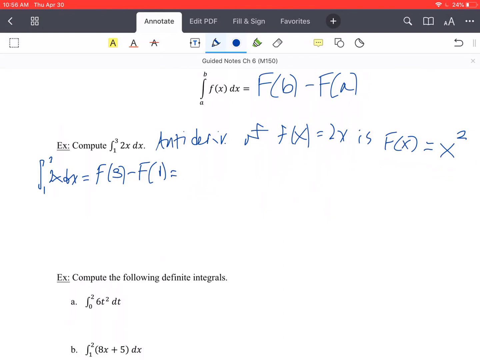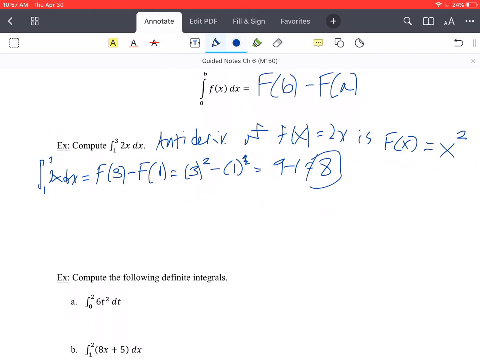So that's going to be 3 squared minus 1 squared, which is, of course, 9 minus 1, which is 8. So this gives us the area under the curve for the graph of 2x from 1 to 3, and that's something we could compute geometrically to verify.